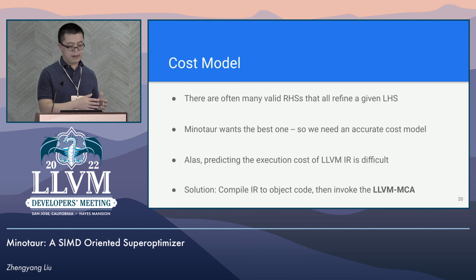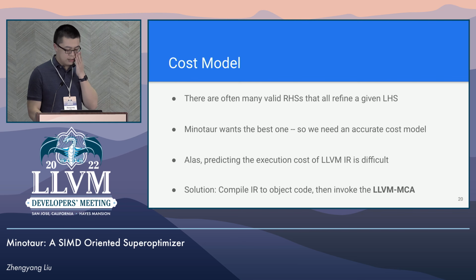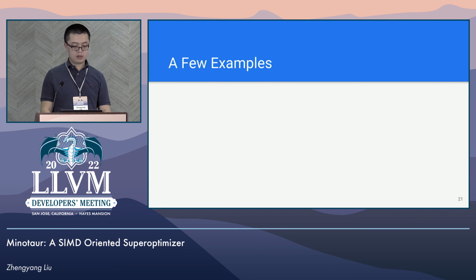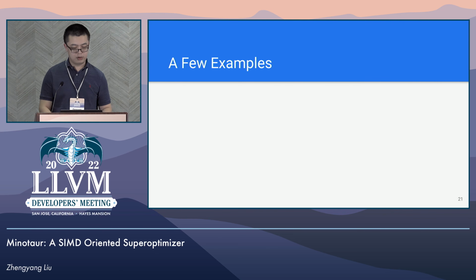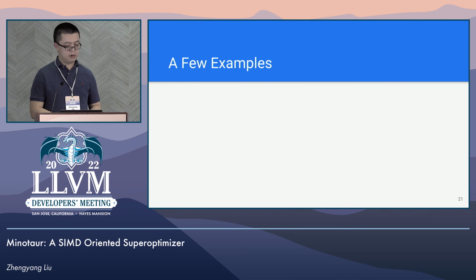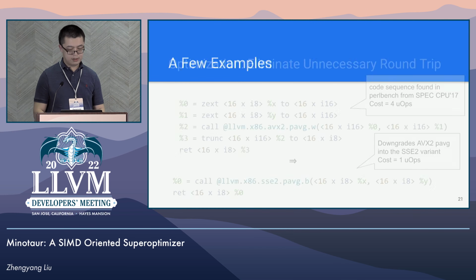Instead, we compile both the left-hand side and right-hand side to assembly, and we call the LLVM machine code analyzer. And we check the number of micro operations required as the cost of our program. So I hope this covers all the details you need to know about Minotaur. In the following slides, I will show a couple of examples and the performance numbers.